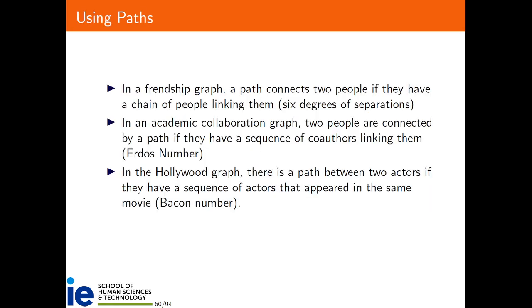Now, paths are actually used in practice in many scenarios. So let's consider, for example, a friendship graph where people are vertices and an edge connects two people if they know each other.